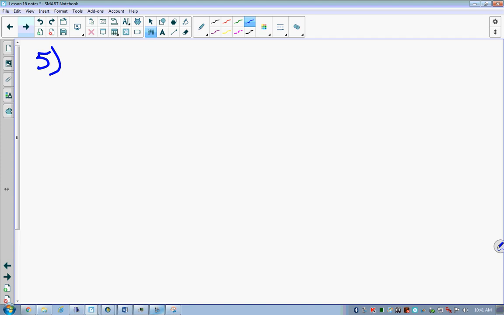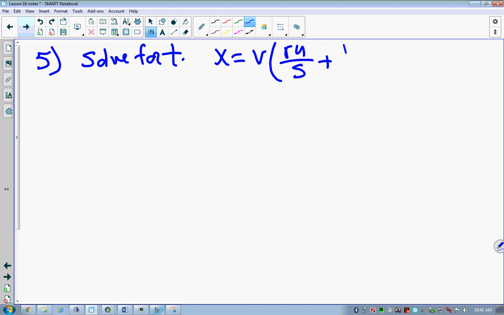Okay, question number 5. Says solve for t. We've got x equals v times ru over s plus w over t. Okay. So similar, at least in some respects, we're going to follow order of operations here. So I'm going to stay inside the parentheses.